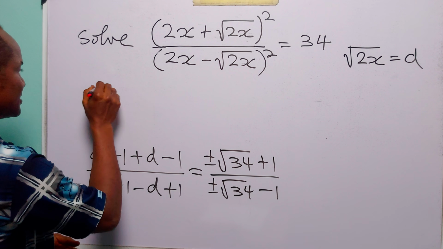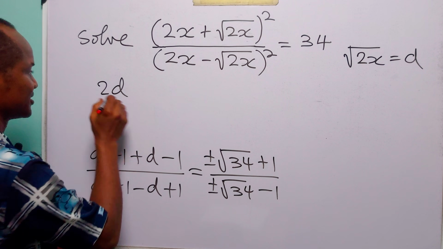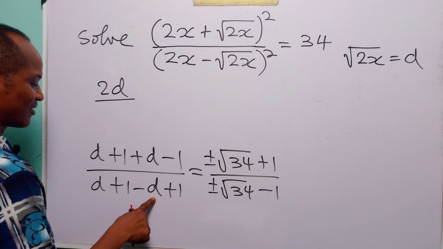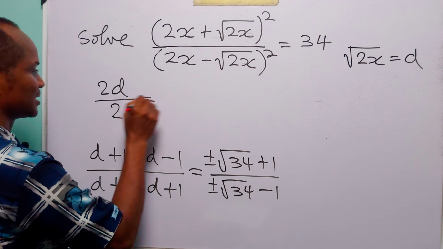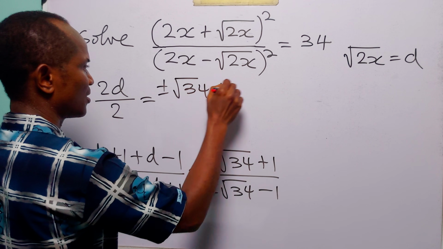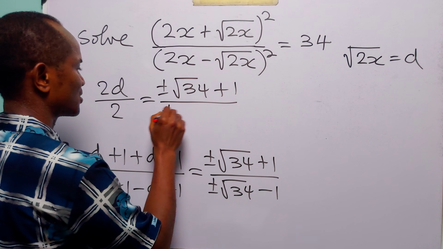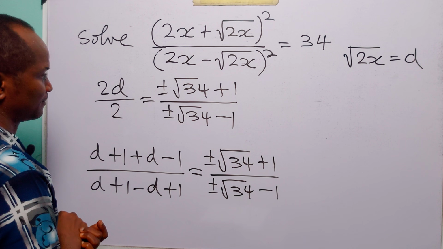d plus d is 2d. 1 minus 1 is 0. d minus d is 0. 1 plus 1 is 2. This is equal to plus or minus root 34 plus 1 over plus or minus root 34 minus 1.